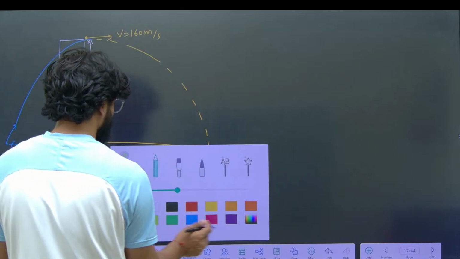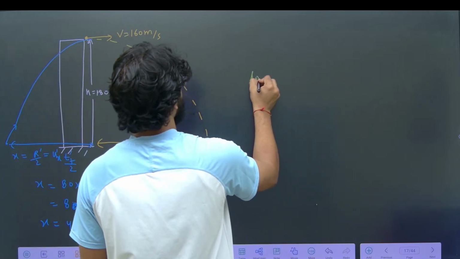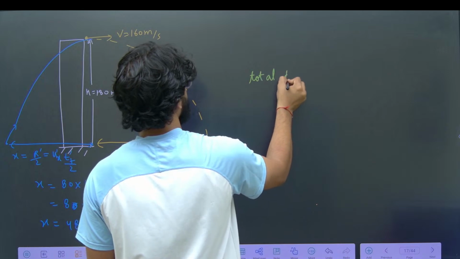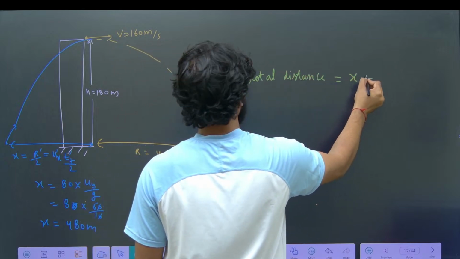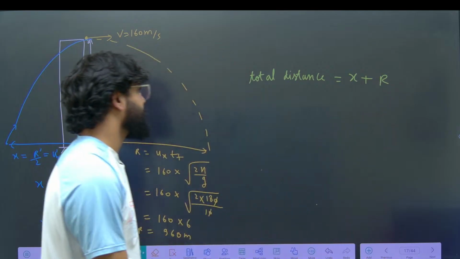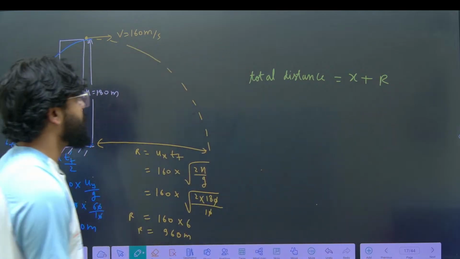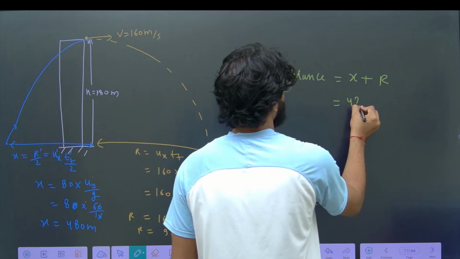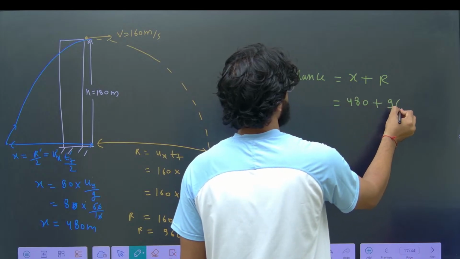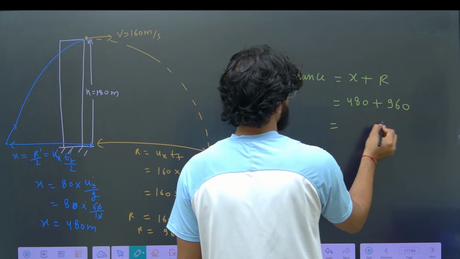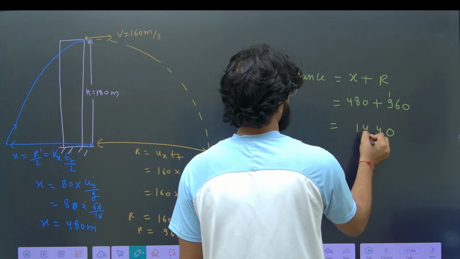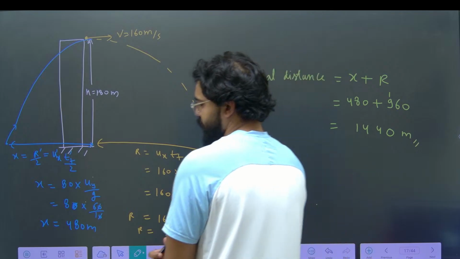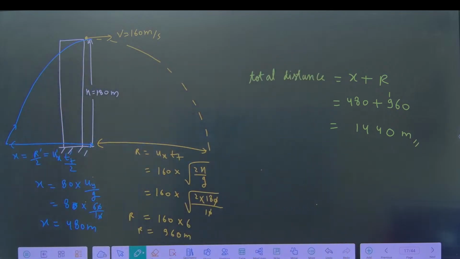So total distance will be x plus, let's say, this r. So it will come out as 480 plus 960, so 1440 meter. Okay, correct.